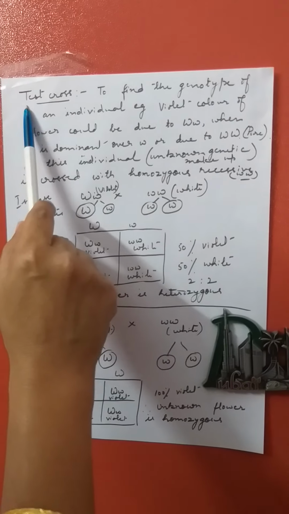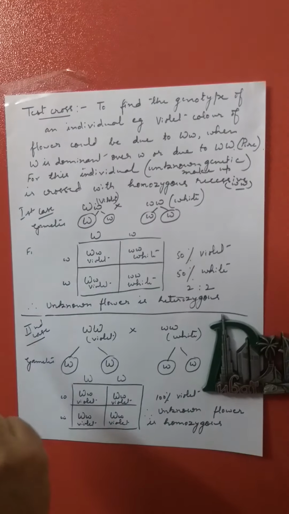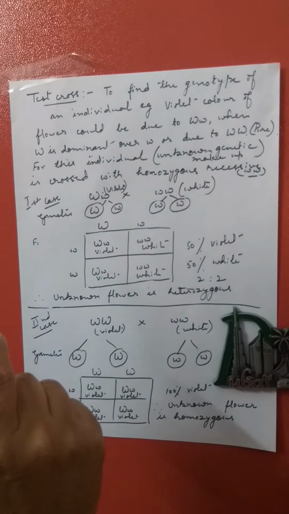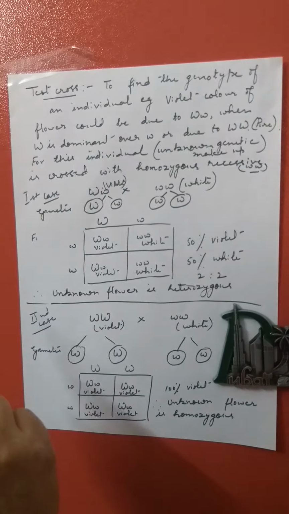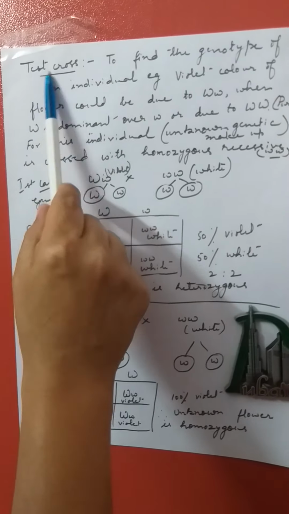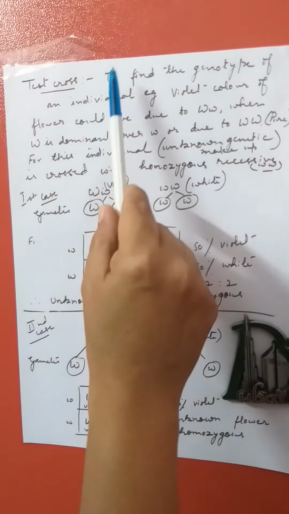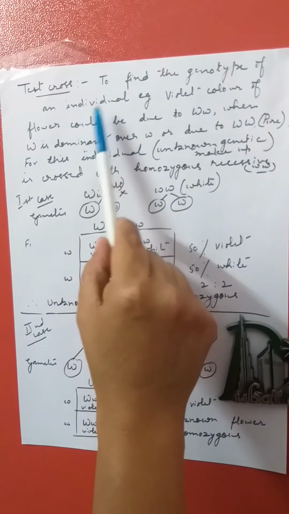Here is a new concept. What is a test cross? It is also related with the monohybrid cross, meaning by using a monohybrid cross, we can use the test cross. First of all, what is a test cross? It is used to find the genotype of an individual.